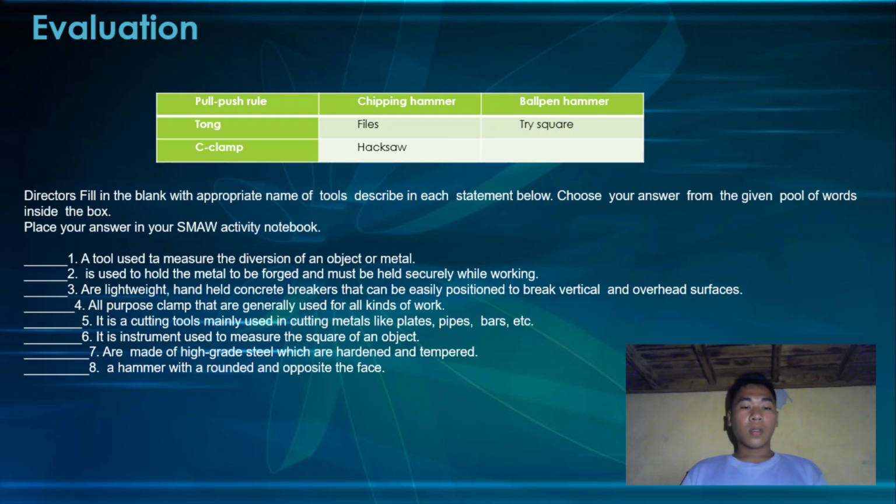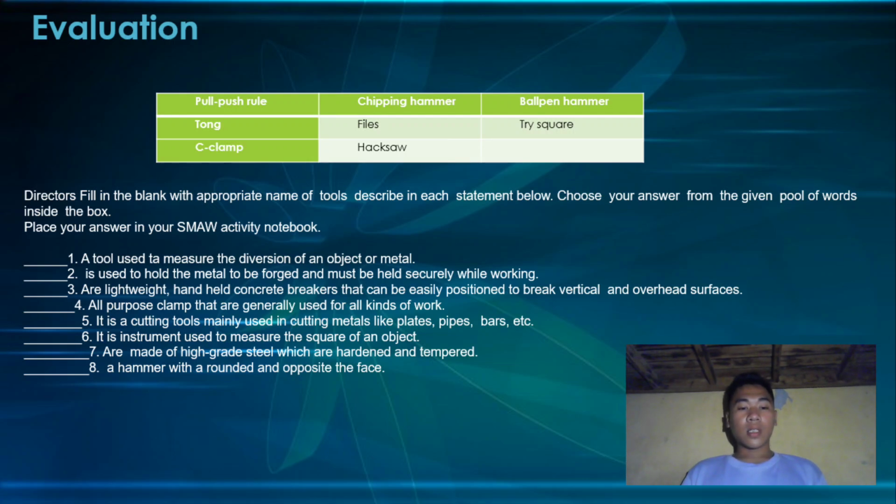Number two: it is used to hold the metal to be forged and must be held securely while working. The third one: lightweight and handheld concrete breakers that can easily be positioned to break vertical and overhead surfaces. The fourth one: an all-purpose clamp that is generally used for all kinds of work.